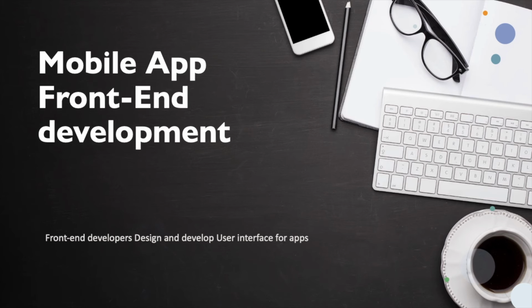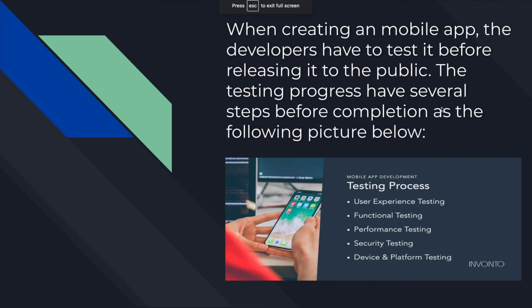Next, we will talk about testing and support. When creating a mobile app, there are 5 steps to follow. For example, user experience, functional testing, performance, security testing, and device and platform testing.